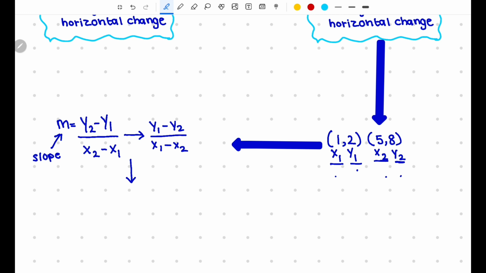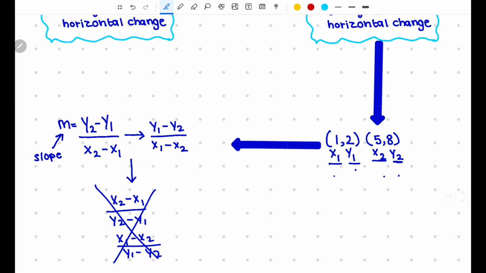Another very important thing to remember is that you cannot do x2 minus x1 over y2 minus y1, or even x1 minus x2 over y1 minus y2. Do not do that.